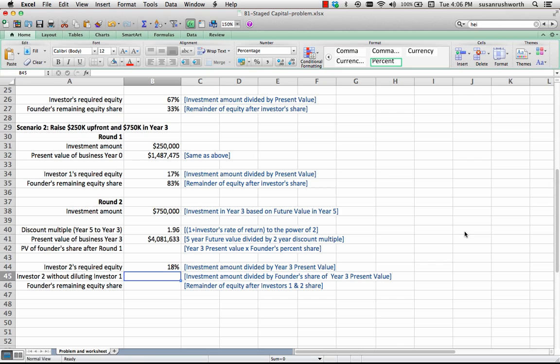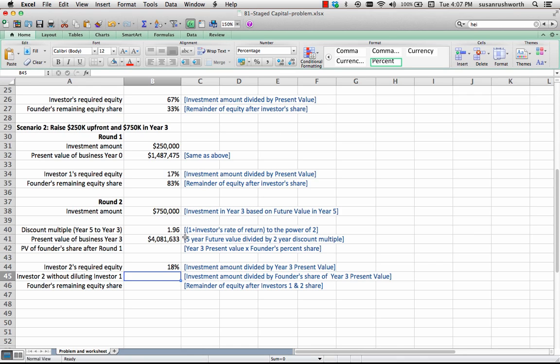However, there's a slight problem with this calculation, and that is that the owner, the founder, no longer owns 100% of the business because 17% of the business was sold to investor 1. Now, investor 1 is likely not to want their equity share diluted by investor 2. What happens in this situation is that investor 2's share comes out of the founder's remaining share, out of the 83% of the business that the founder still owns, in this case.